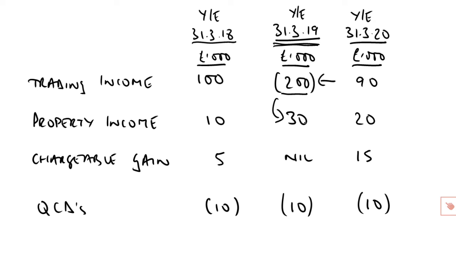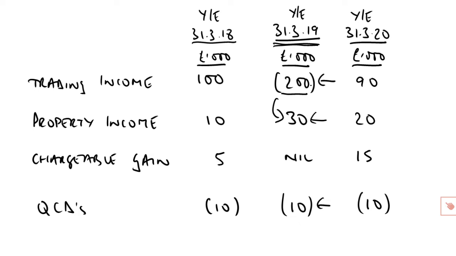If we did surrender the 200, all of it could be surrendered. That would still leave property income of £30,000, less the donations of 10, leaving a TTP of £20,000. So in this example, 200,000 is the amount of loss available for relief.